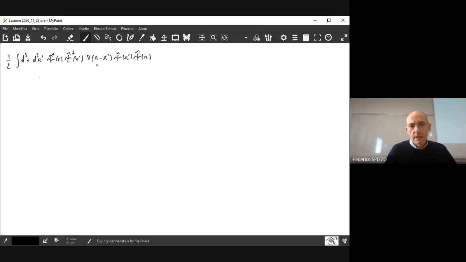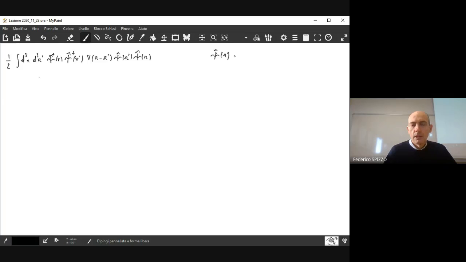So in this case, the correct expression would be the Yukawa potential for the electron-electron interaction. But for the moment, I leave a general V, as I will make the substitution just at the end of the calculation.